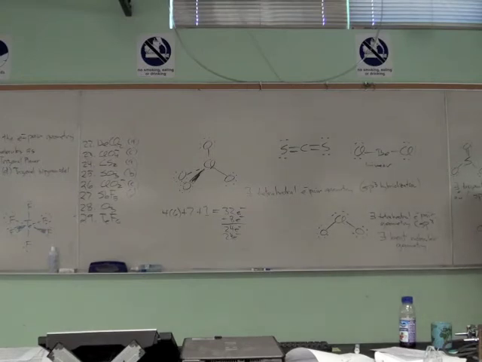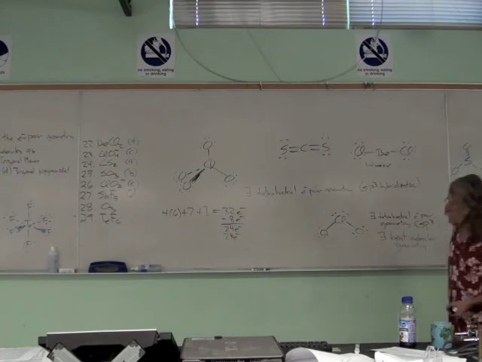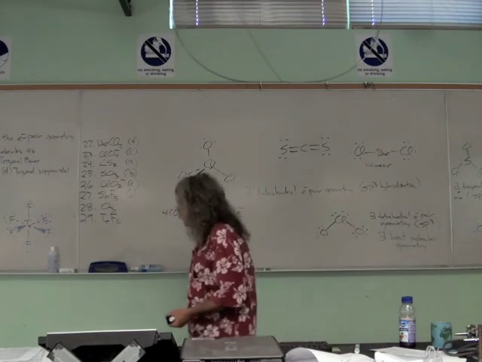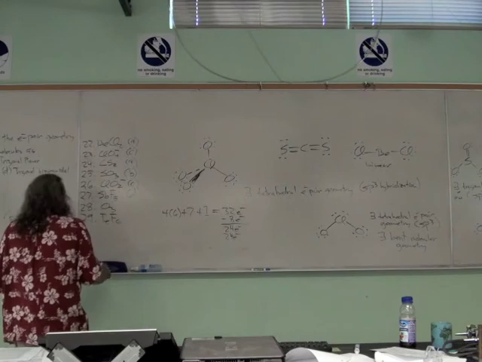O3, which is ozone. This is the stuff you smell when there's an electrical discharge, electrical fire type of thing. That ozone, that wonderful smell. Okay, anyway. So how many pairs associated with that central atom? 3. So that would be trigonal what? That would be B.